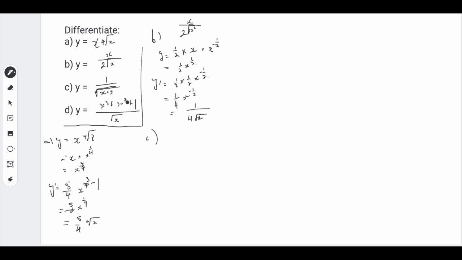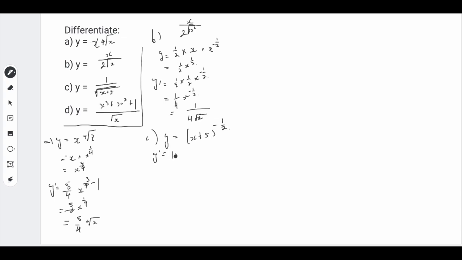Part C, a little bit harder. We can write that as y equals x plus 5 to the power of negative a half. So y prime equals, well, we'd have to differentiate what's inside the brackets first, don't forget that. But because there's no number in front of this x, well, the derivative of x plus 5 is just 1, right?